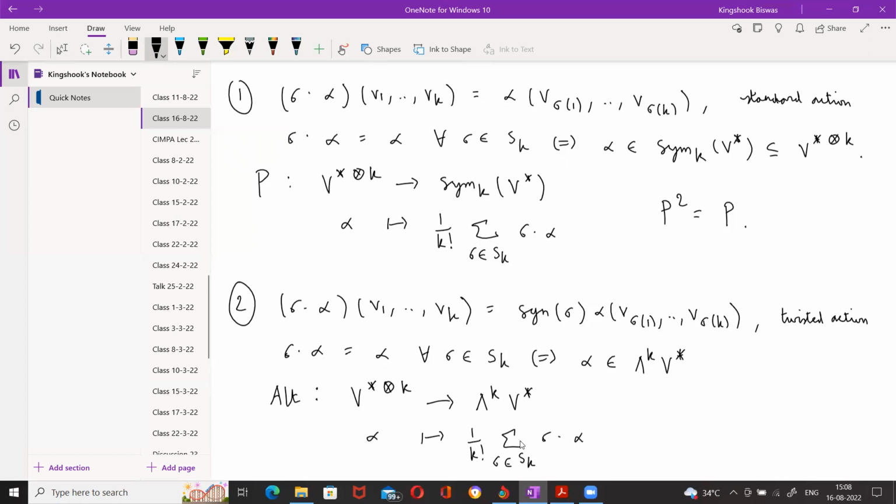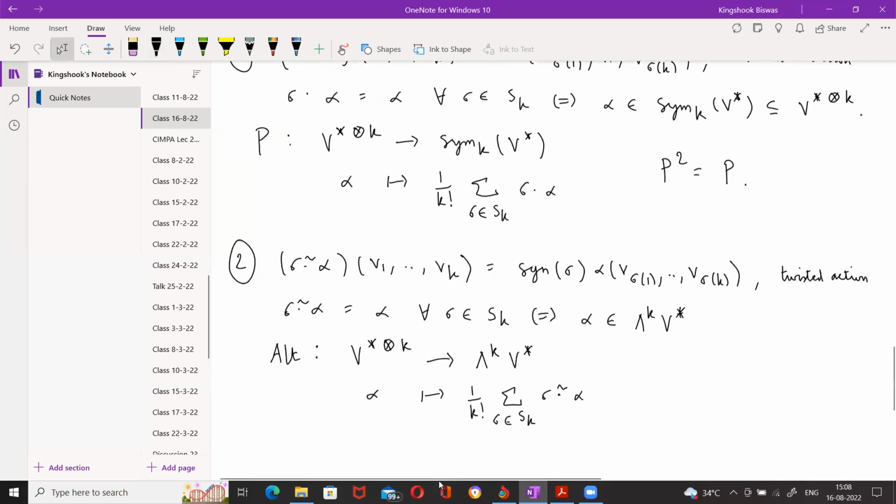Maybe I should put a tilde over the dot to say it's a twisted action, okay? So it's sigma dot tilde alpha, right? Is this clear? Yes. Okay, so this will be a projection in the sense that alt squared will be equal to alt, right?